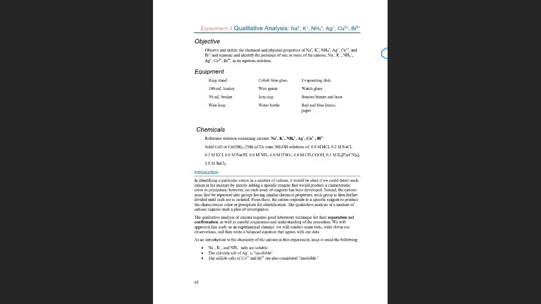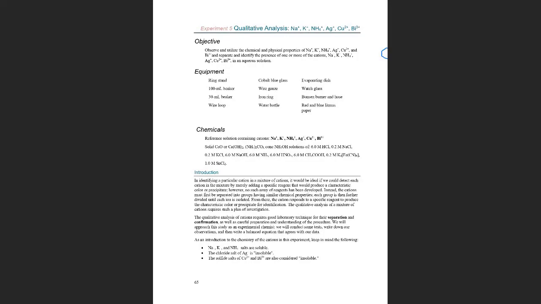Cations, you remember, are ions with a positive charge. So you will have a reference sample that will have sodium, potassium, ammonium, silver, copper +2, and bismuth +3.